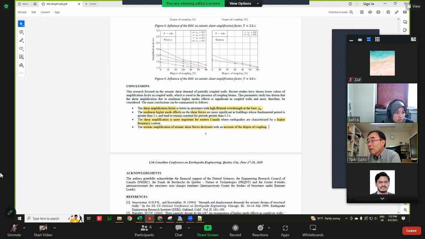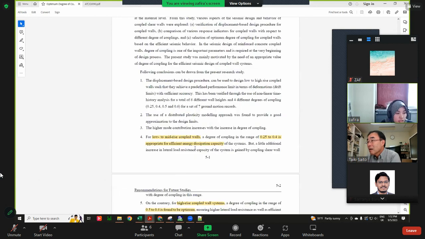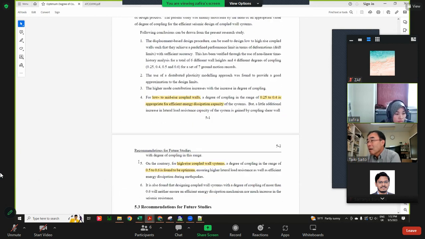And there's no discussion about what is the optimum degree of coupling. Only the one from Tokyo University talks about numbers 4, 5 and 6. For low to mid-rise coupled walls it is around 25% to 40%.